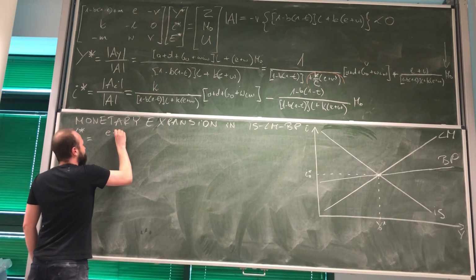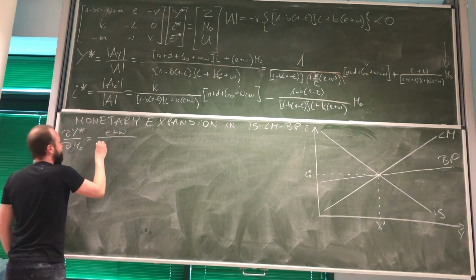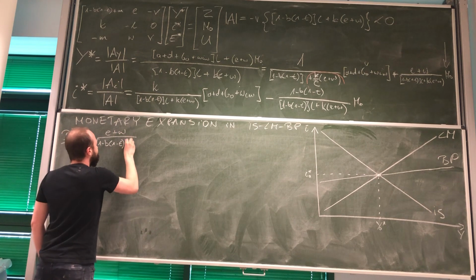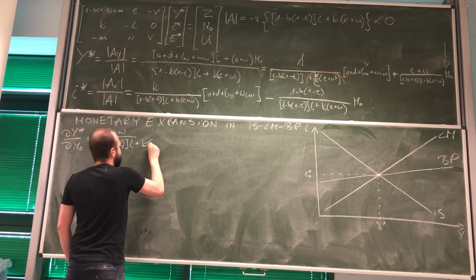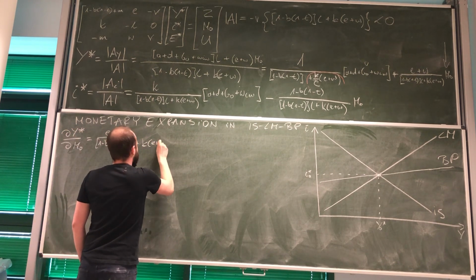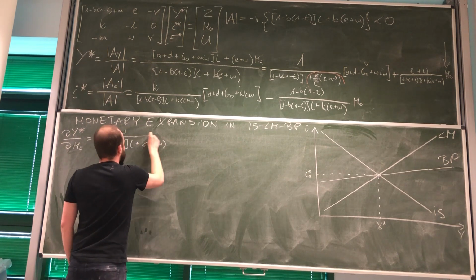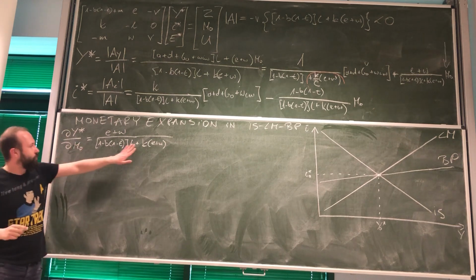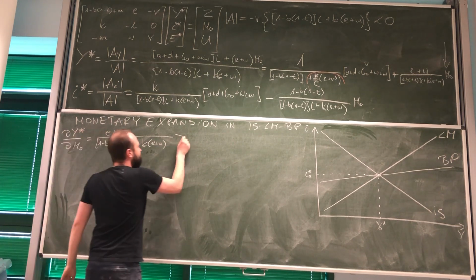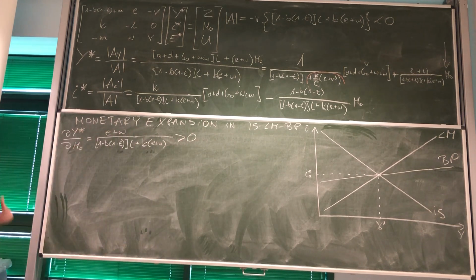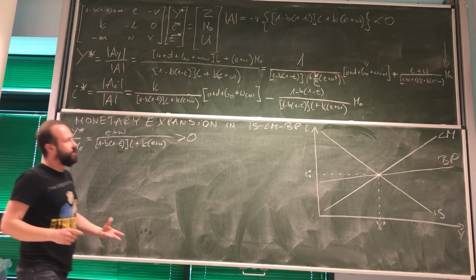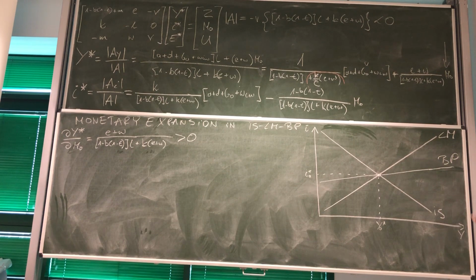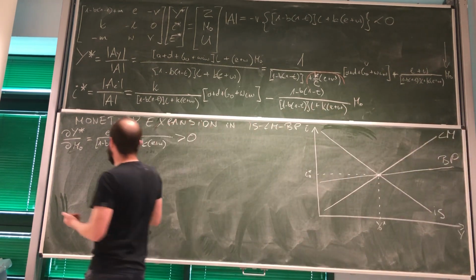It's E plus W divided by 1 minus B times 1 minus T L plus K E plus W. And look, we clearly see that all those expressions are positive, so we know that even in the open economy, monetary expansion has positive impact on income.